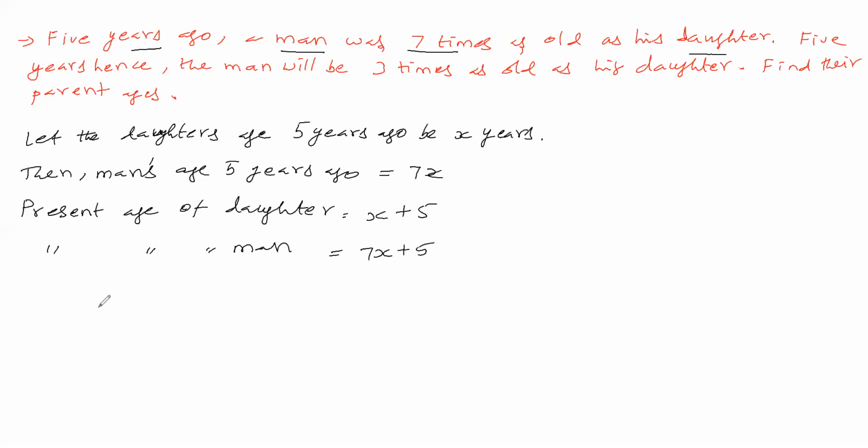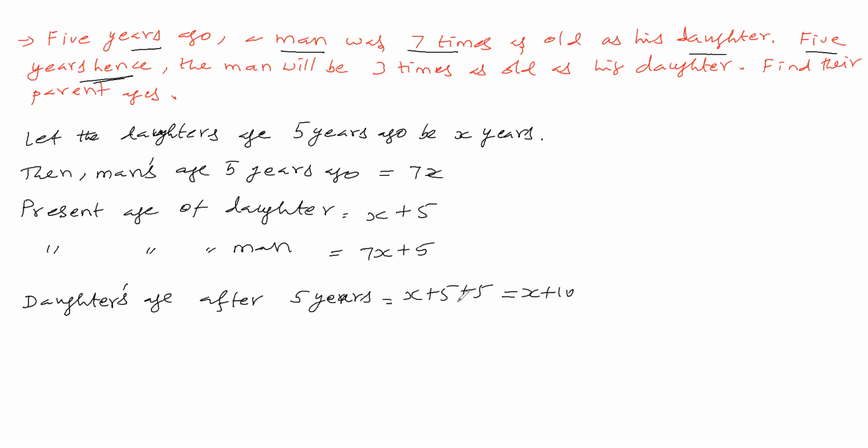Now we will see 5 years hence, that means after 5 years. Now the daughter's age after 5 years: present age is x plus 5, after 5 years means x plus 5 plus 5, therefore x plus 10 years.